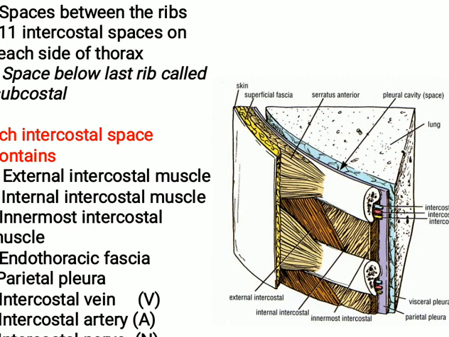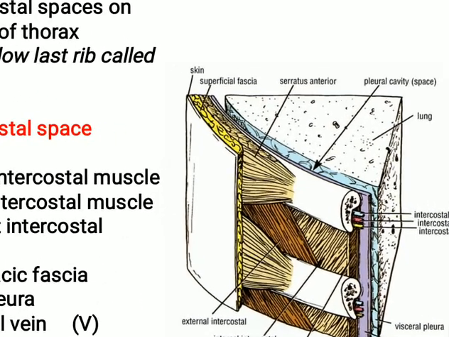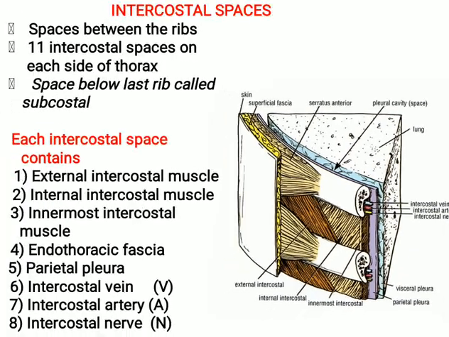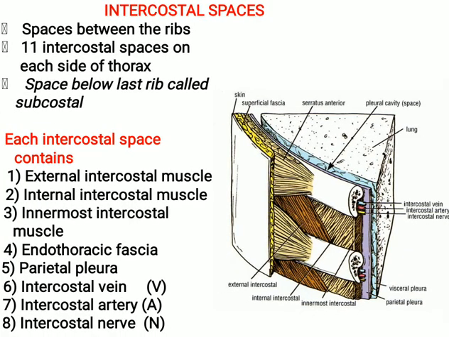Then we also have the parietal pleura and the endothoracic fascia. The parietal pleura is also clearly visible over there, together with the muscles.